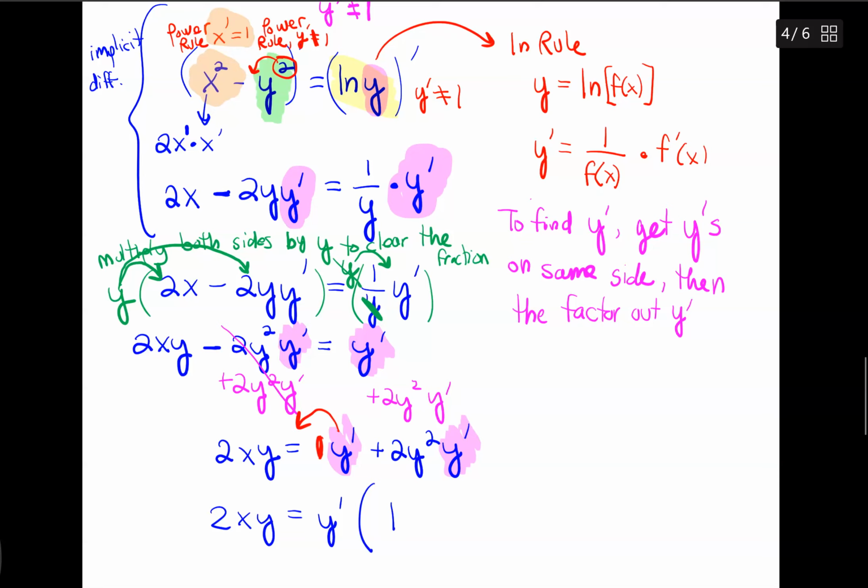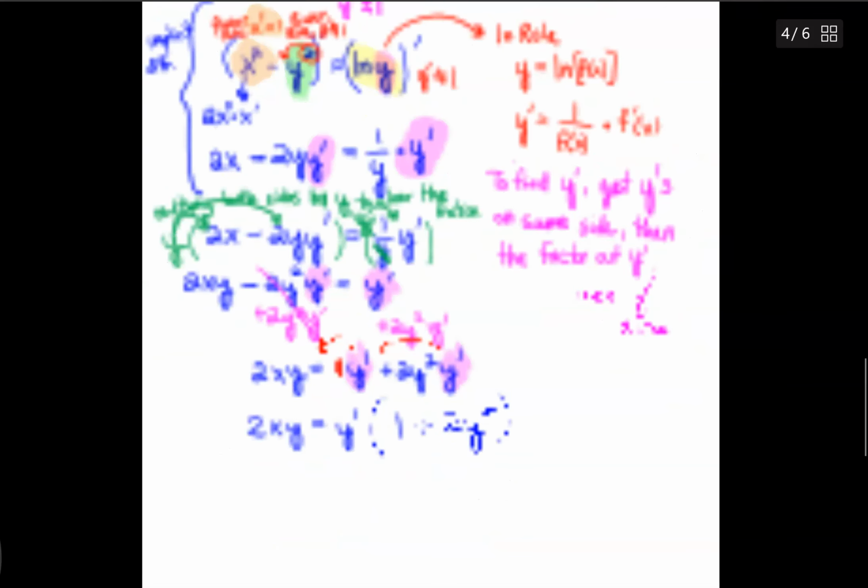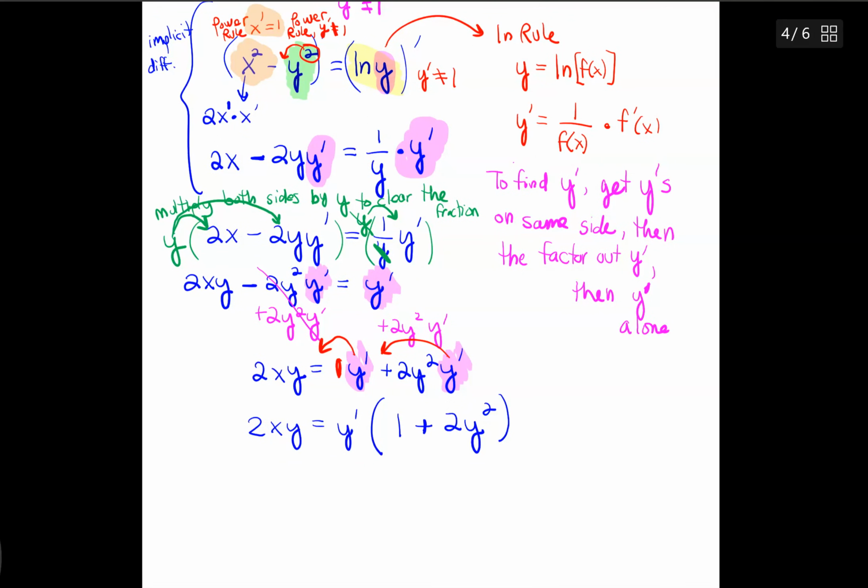And then in the second group, if I factor out the y prime, I'm going to be left with a 2y squared. Okay, so once you factor out that y prime, then get y prime alone. So if y prime's being multiplied by a binomial, I just need to divide.